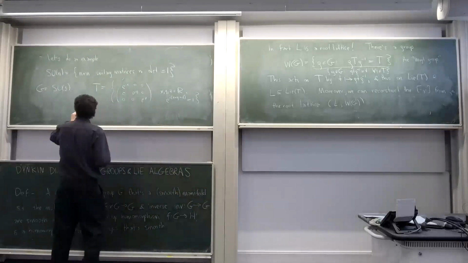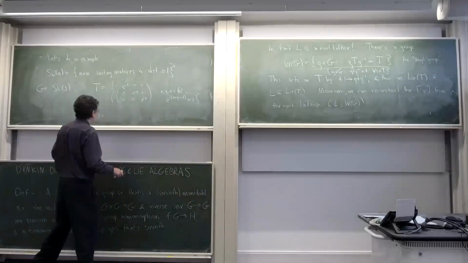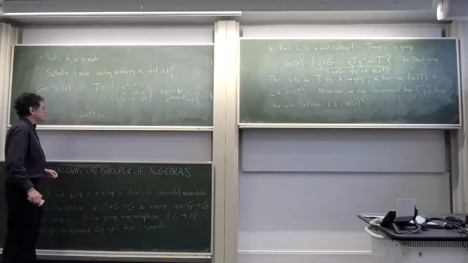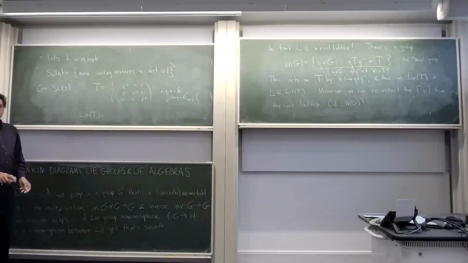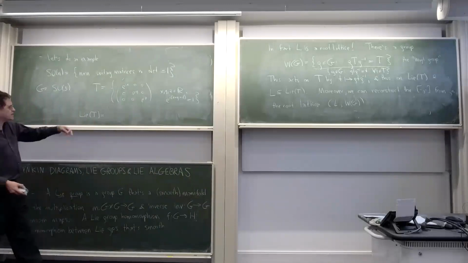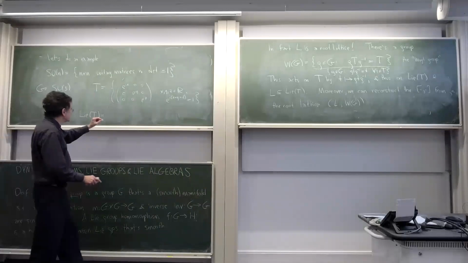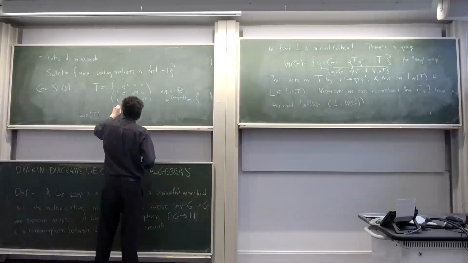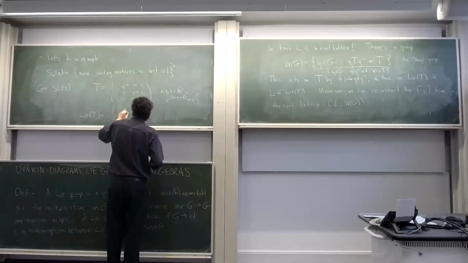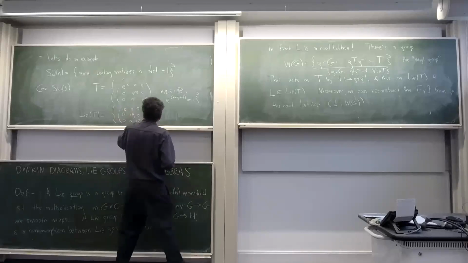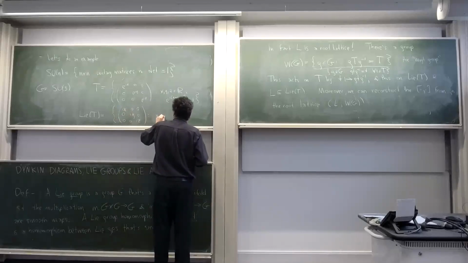And then you can look at the Lie algebra of that maximal torus. That will be the matrices that when you exponentiate them times any real number, it gets you a guy in the maximal torus. And so what you'll get is just the matrices of the form ix, iy, and iz, where x, y, and z are real.